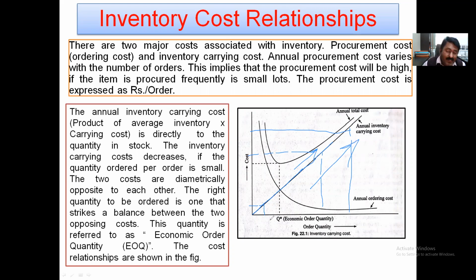If you compare these two costs, they are diametrically opposite. Let us take a simple example: one is moving downwards and at the same time the other is moving upwards.